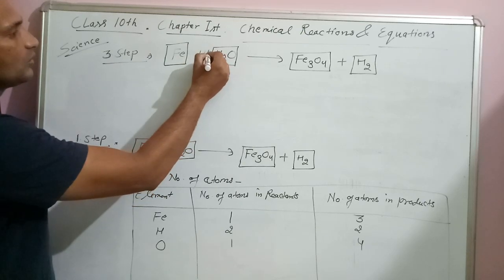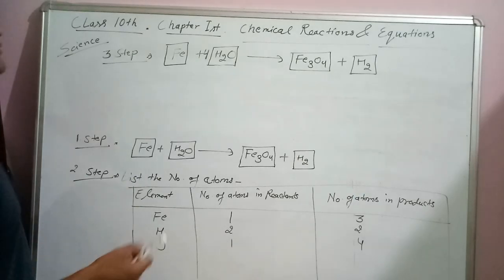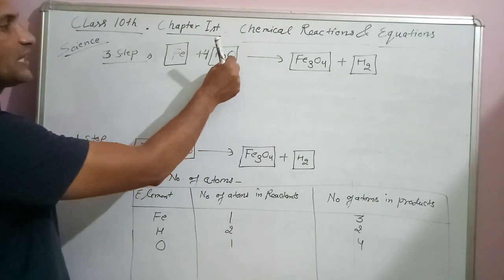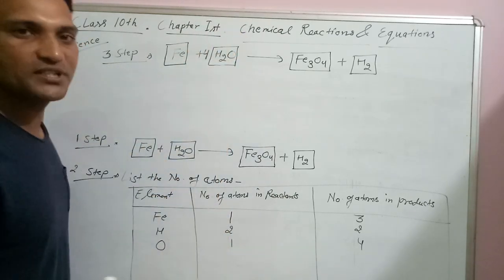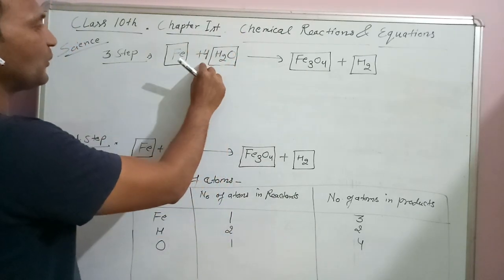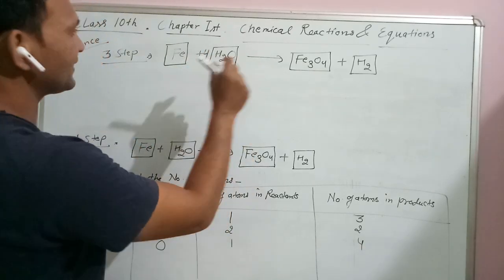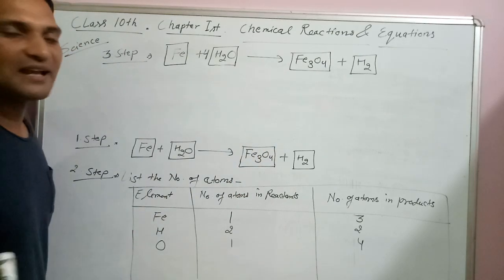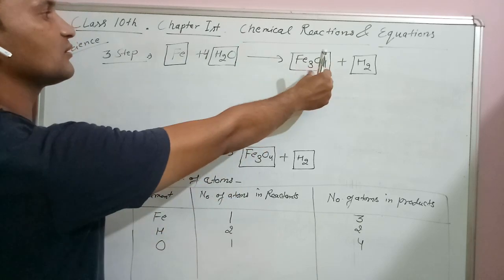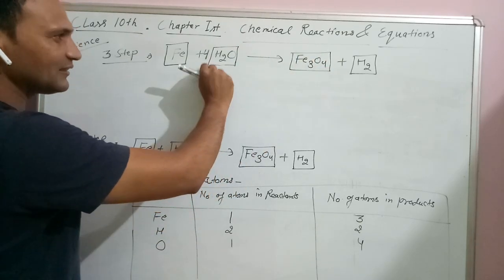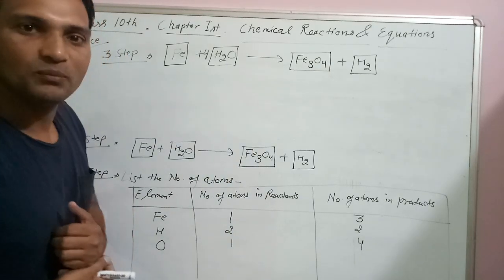So we write 4 before the H2O. We do not write anything inside the box or after the box. We always write before the boxes to balance the number of atoms of the elements present in the reactants or products. So we write 4 here.